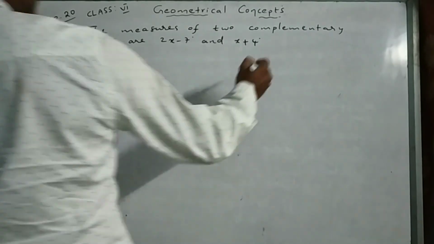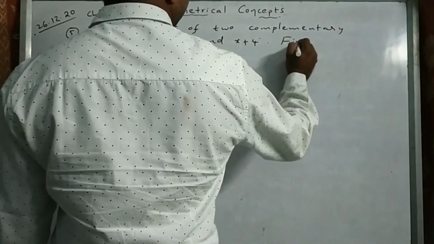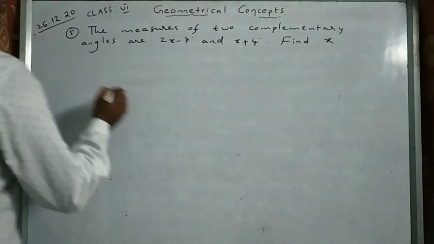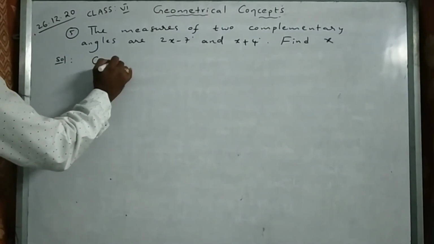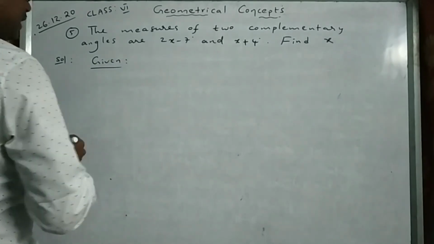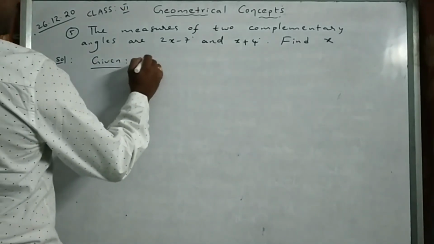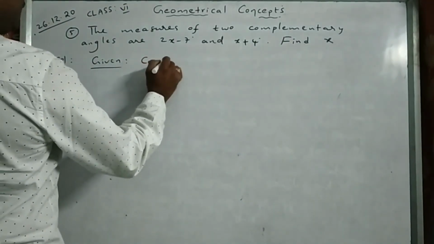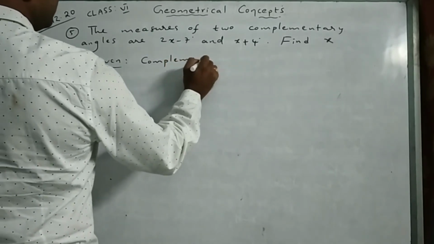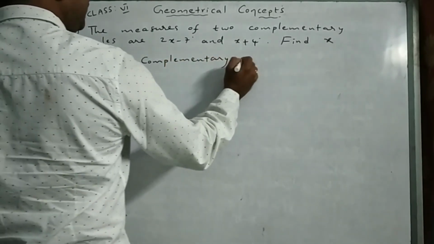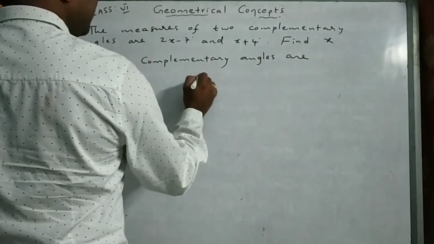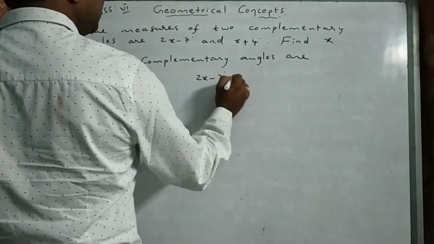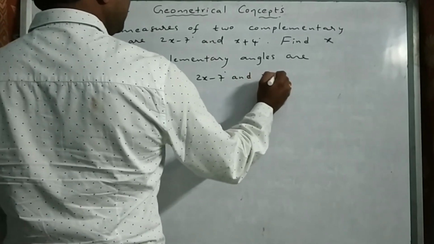Find x. What is given here? We are given two complementary angles. What are the complementary angles here? 2x minus 7 and x plus 4.